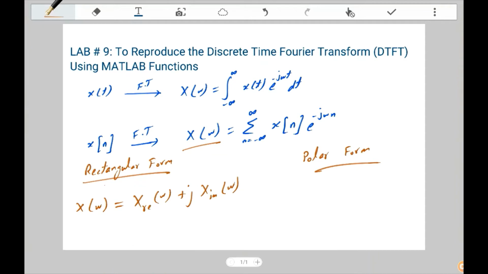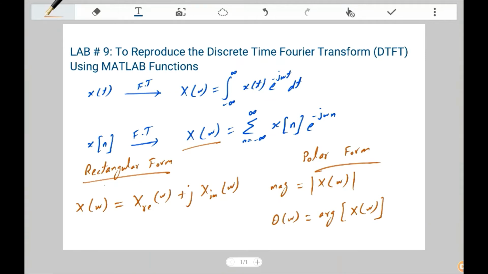The magnitude will be the absolute value of X of omega, and its phase, which we can represent with phi, will be the argument of X of omega. So this discrete time signal in the frequency domain can be represented in these two forms.